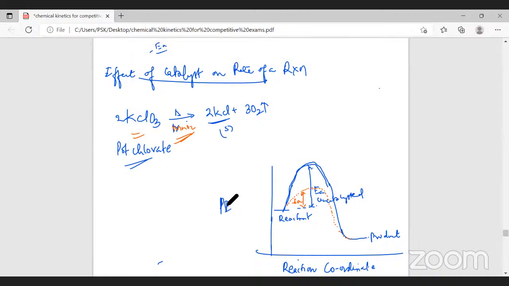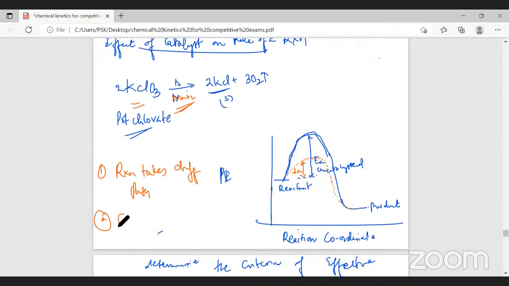So whenever we use a catalyst, the first point is that the reaction takes a different path. The second point is that the energy of activation is decreased. See here, the amount of energy required with the catalyst is very less.